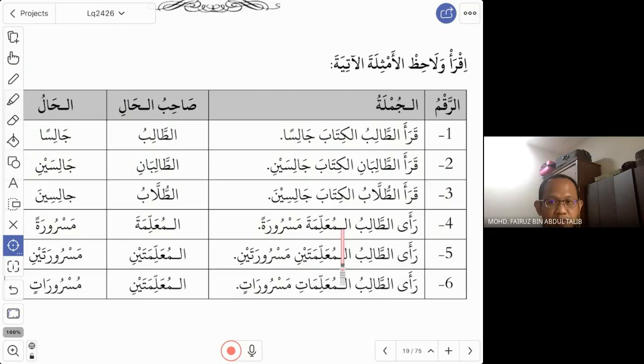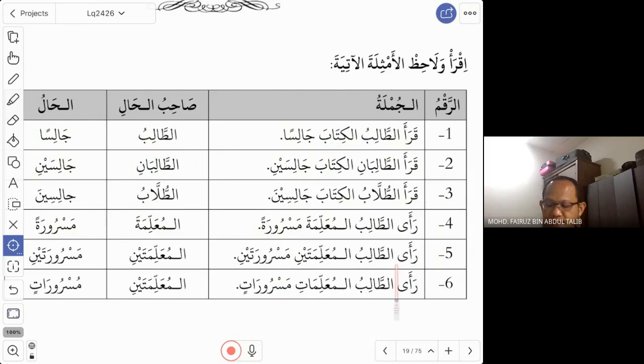It is not a problem. It is up to you. Okay, who is the sahibul hal? But what is important is you have to make sure that the hal must match your sahibul hal. So in this case, you want to say the teacher was happy when the student saw him. So here it is referring to the muallima. Naam. Masrura is referring to mu'allima.